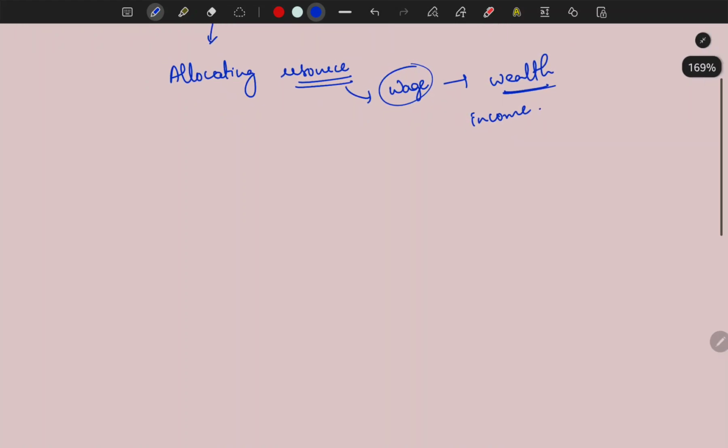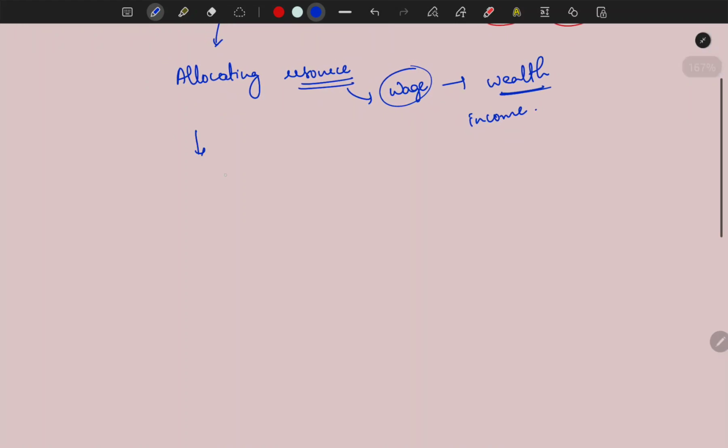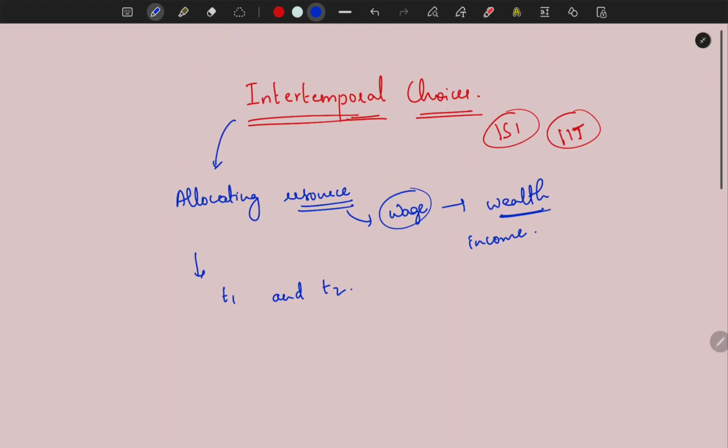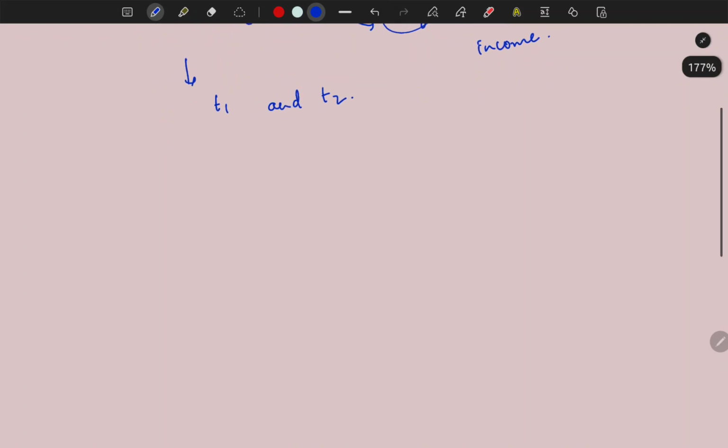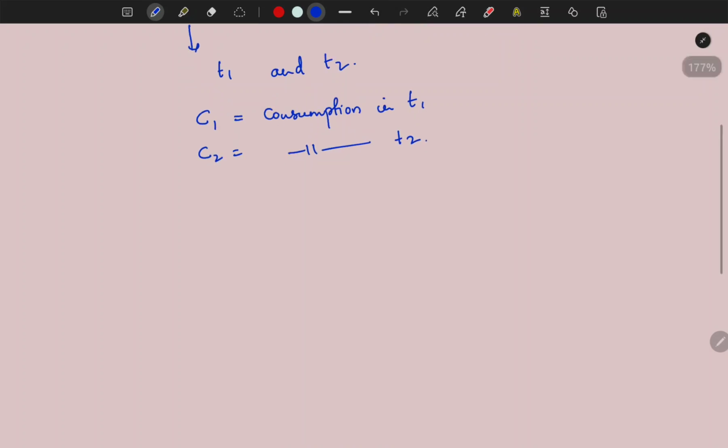Basically, you have two time periods, T1 and T2. Consumer will consume in both time periods. That is, in time period 1, I will call it as consumer 1. Same consumer, but he is consuming in time period 1. That's why it's called C1, meaning consumption in T1, and C2 means consumption in T2.